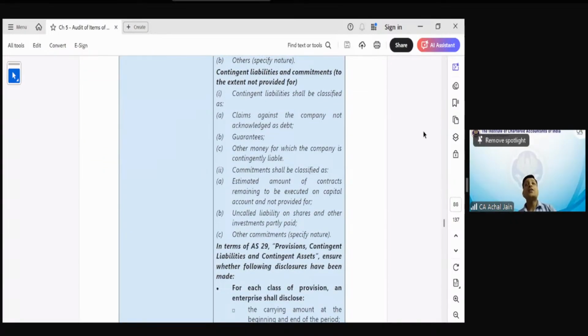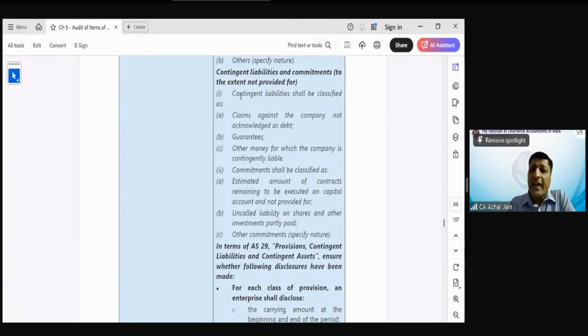Contingent liabilities, the next area. In terms of contingent liabilities, it's a disclosure in itself. So a contingent liability is only required to be disclosed. But again, this disclosure criteria or this format comes from Schedule 3. So once again, the auditor will have to ensure whether it is in line with those requirements of Schedule 3 or not.